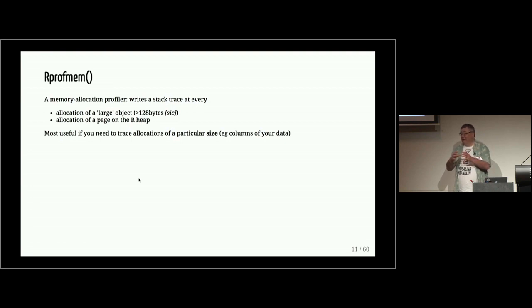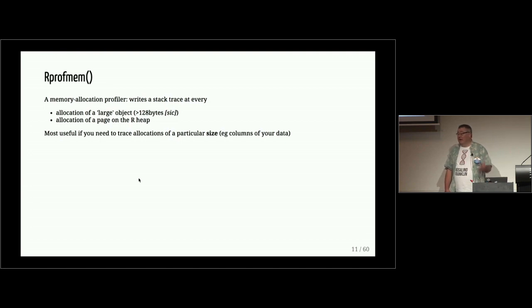Small objects get allocated on the internal R heap, and large objects get allocated by the operating system, where large means bigger than 128 bytes. It's small values of large. And so Rprofmem writes out information to disk every time a large object is allocated and every time a new heap page is allocated.